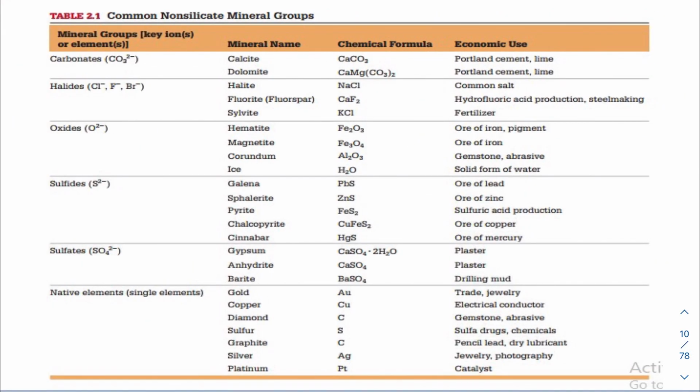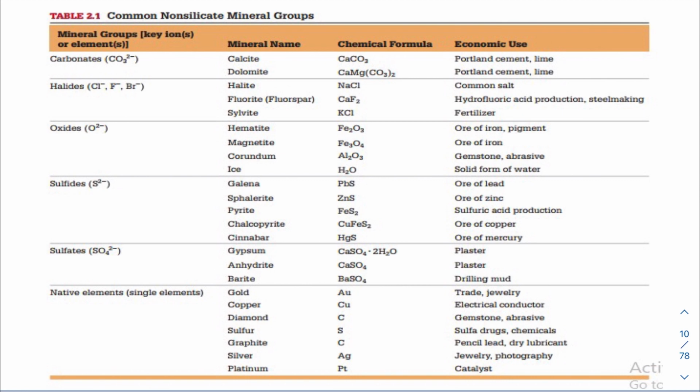As you can see here, you are presented with a table of common non-silicate minerals and their uses. For the carbonates, examples are calcite and dolomite, the controversial dolomite from a few years ago. The economic use is in lime as well as in Portland cement.